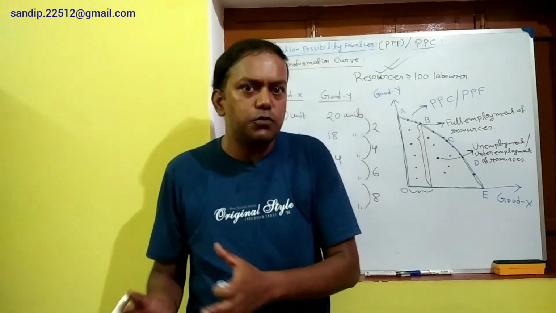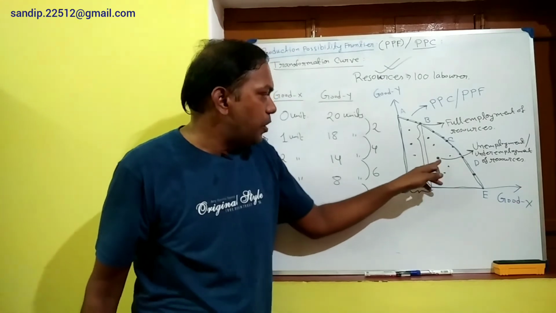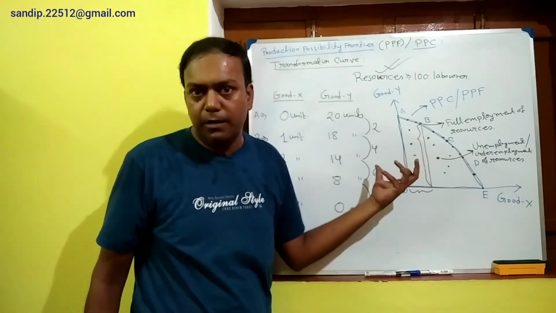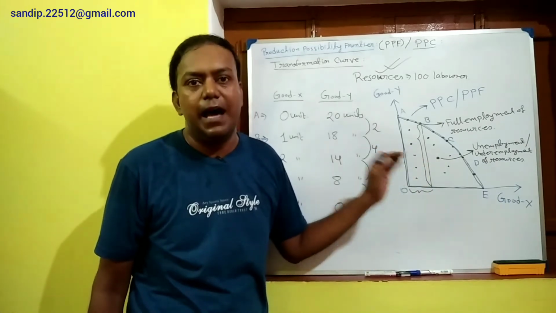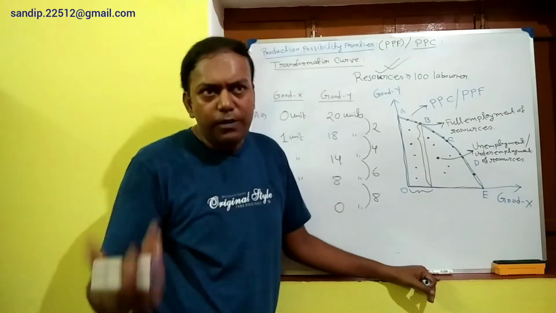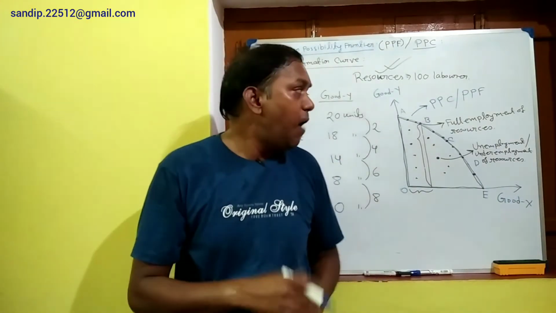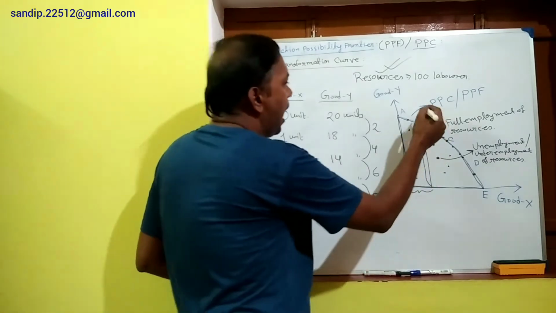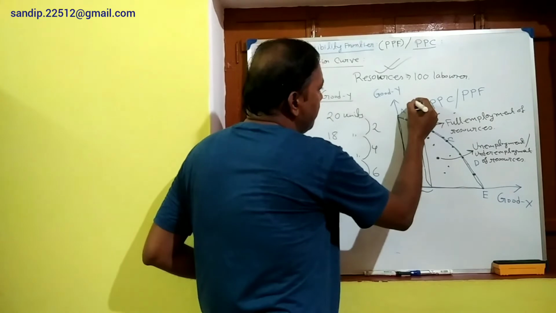But if the producer produces at any point which is inside of the PPC, here the total resource will not get utilized. Okay, now here you may think, what does a point outside of the PPC imply, this point?